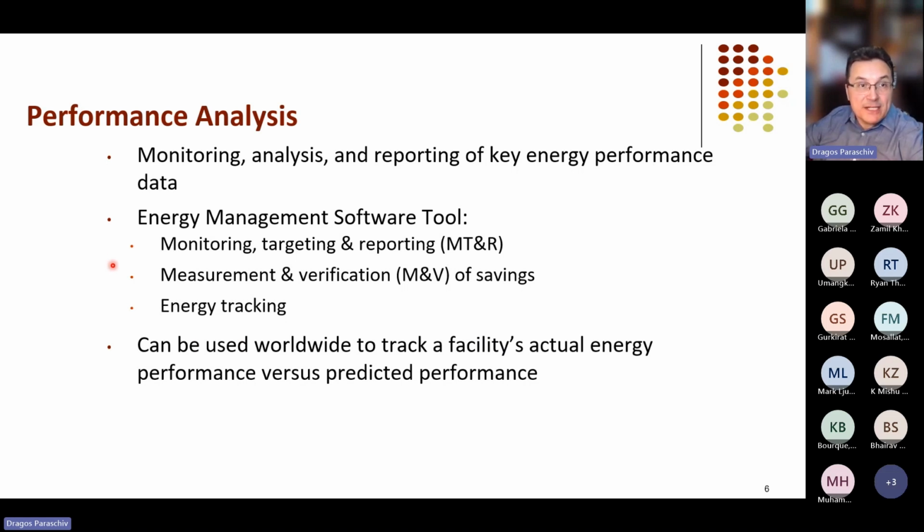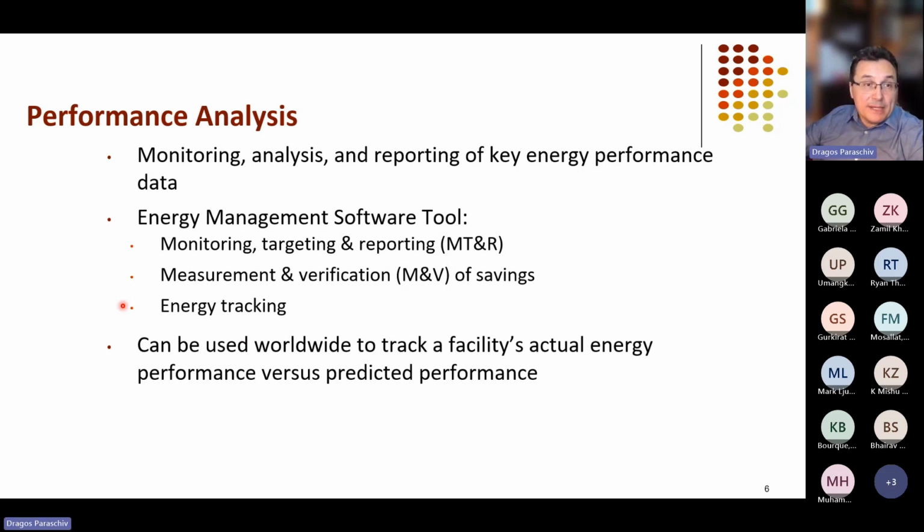But we can also be very specific for particular projects, energy efficiency or renewable energy projects, to do the measurement and verification process. And last one on the list here, but not the least important one, as I said, many organizations use various platforms for utility bill management, energy tracking. We can embed that with the data of RETScreen.